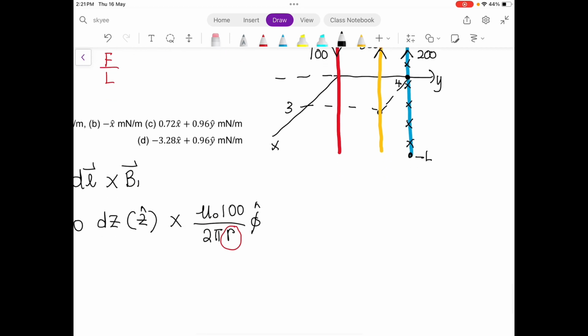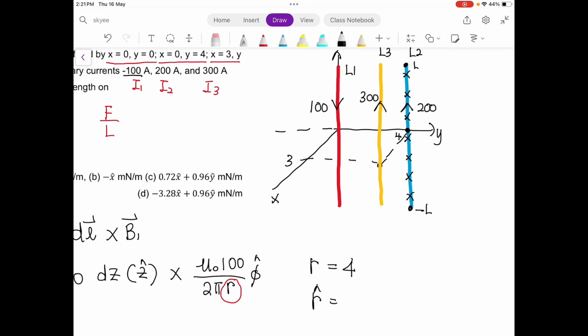So the R equals 4 units. And the direction, from the I1 towards the I2, let me draw it, will be in the Y directions.